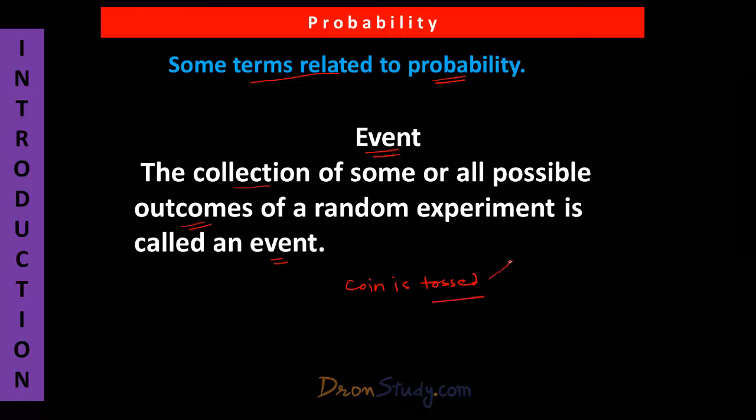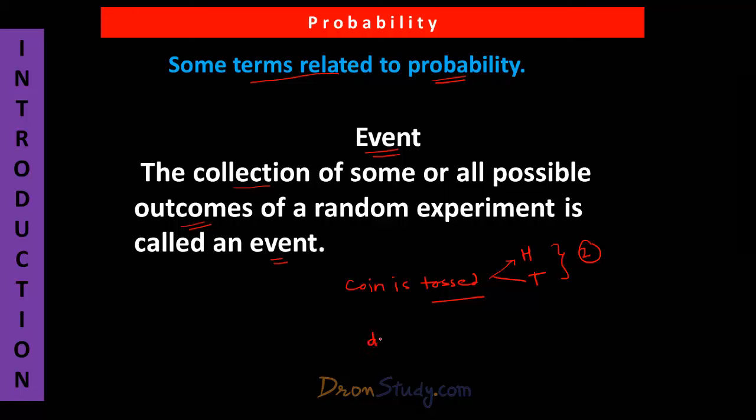So either it will turn head or it will turn tail, and the collection of some or all possible outcomes. So there are two possible outcomes, either head or tail, of a random experiment, and this is called an event.